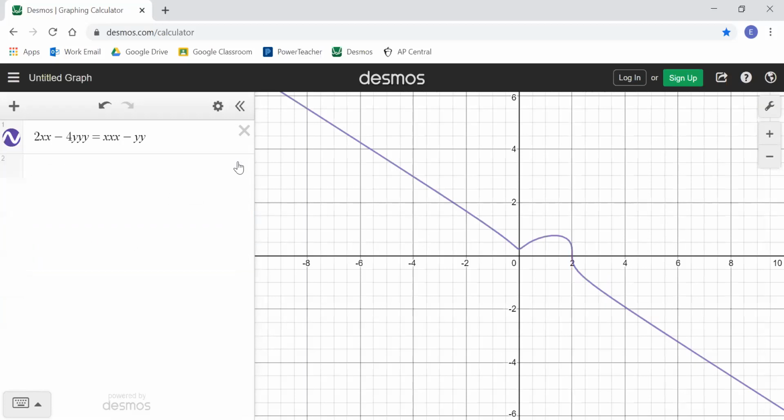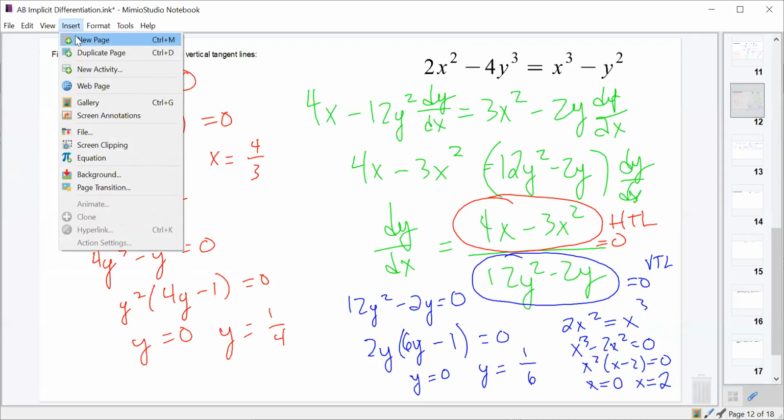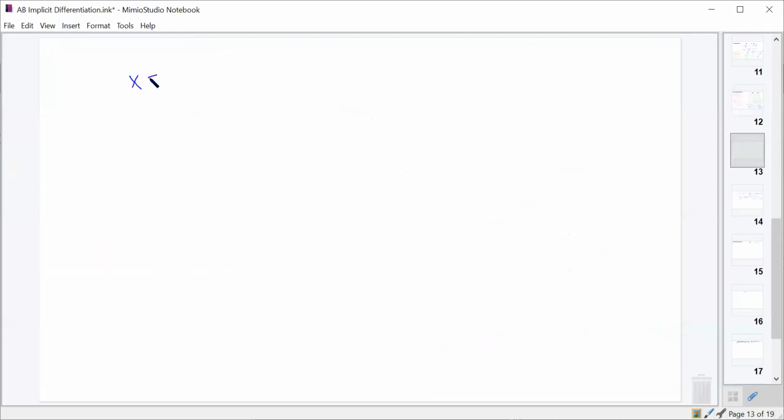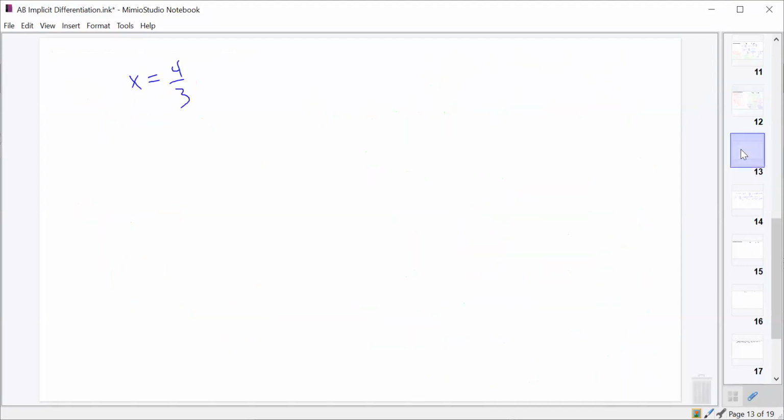Cool. And so all that's left is some fairly unpleasant arithmetic on our other values. We still need to do x equals 4/3, and we still need to do y equals 1/6. So at x equals 4/3, what does that give us? 4/3 squared is 16/9, times 2 is 32/9.